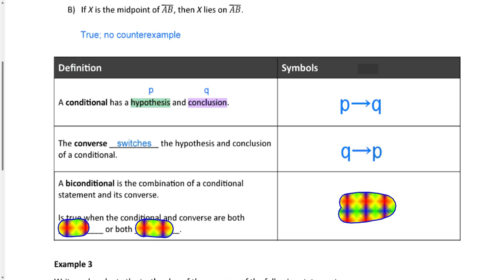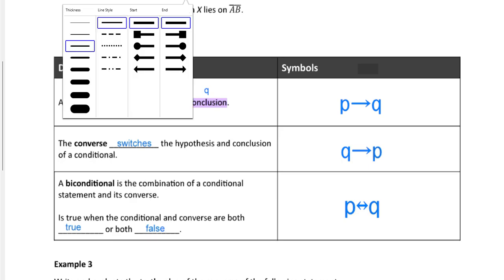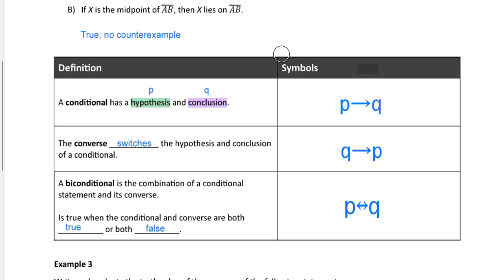And then a biconditional is the combination of a conditional statement and its converse. So it is true when a conditional statement and the converse are both true, and false otherwise. The way that we do this is it goes back and forth from P to Q. And the couple of words that we want to note on the inside of this is that we want to say that this goes in the wording of if and only if.